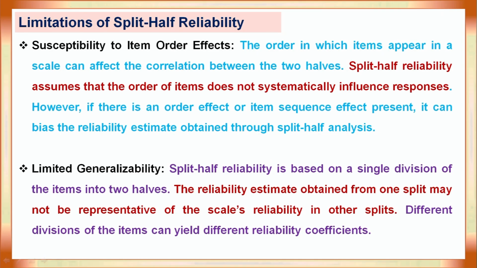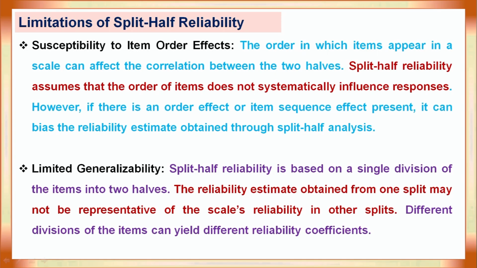That actually ruins your whole test, ruins your whole day. So, the difficulty or the order of the items may have an effect on the response. Split half generally assumes that there is no systematic influence on the response pattern of the respondent.